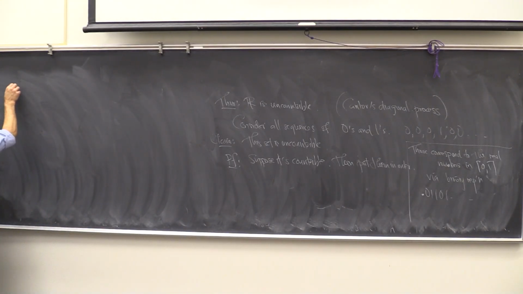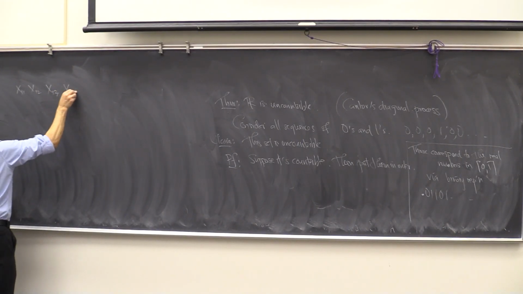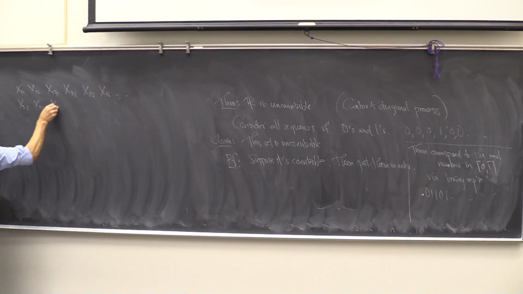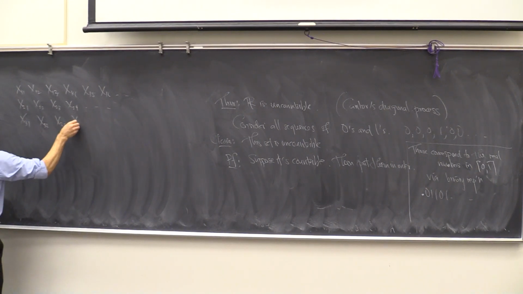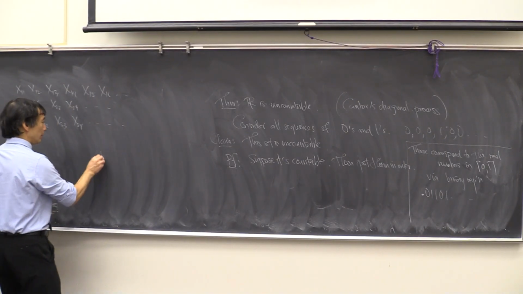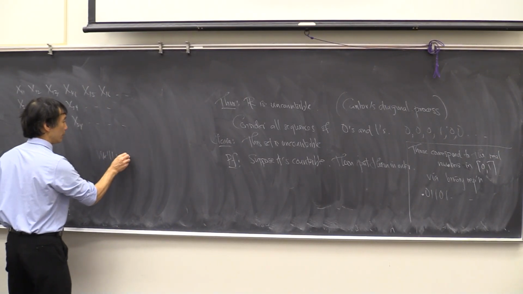So you've got all the sequences. You've got the first sequence, the second sequence, et cetera. Here are all the numbers: if they're countable, all the numbers between 0 and 1, or all the sequences of 0s and 1s, are here.